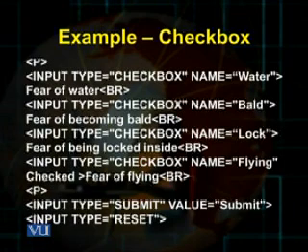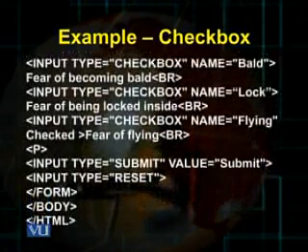Then the break tag would create a line break, and a paragraph tag, a line space. And then to create two buttons, input type submit, value submit, input type reset, this would create the submit and reset buttons. Then I close the form tag, close the body tag, and then close the HTML tag.